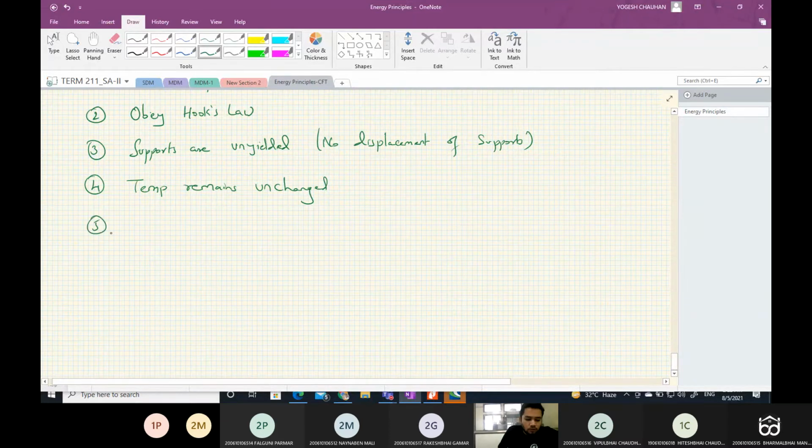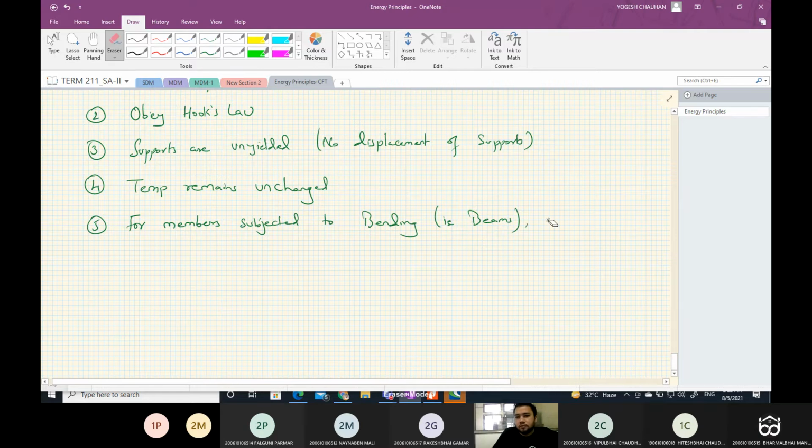Number 5, for members subjected to bending, that is in case of beams, the strain energy stored due to axial load is small and it is neglected.